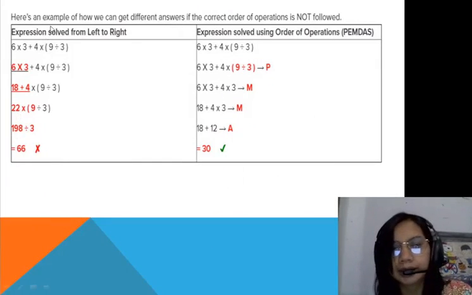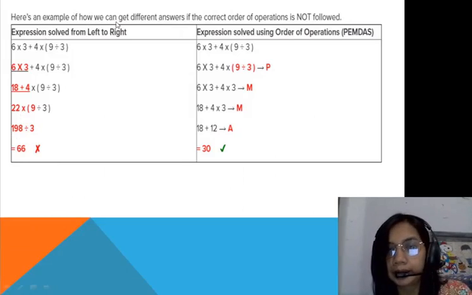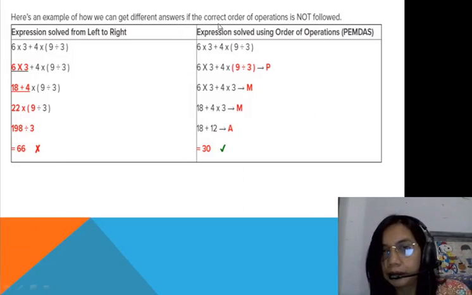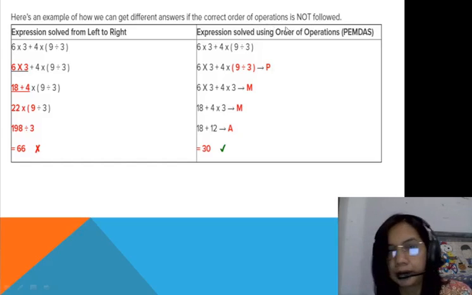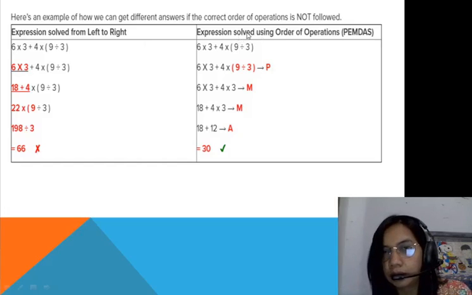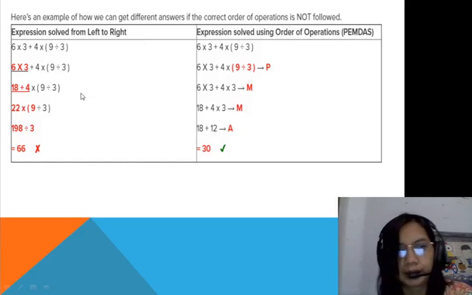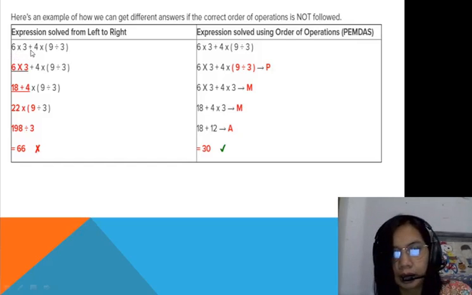Okay, here's an example of how we can get different answers if the correct order of operations is not followed. The first expression is solved from left to right. And the second expression is solved using order of operations, PEMDAS. Look at this: 6 times 3 plus 4 times, this is the grouping, 9 divided by 3.